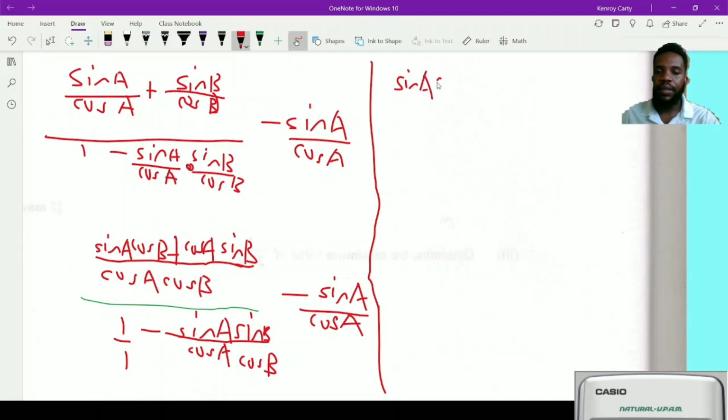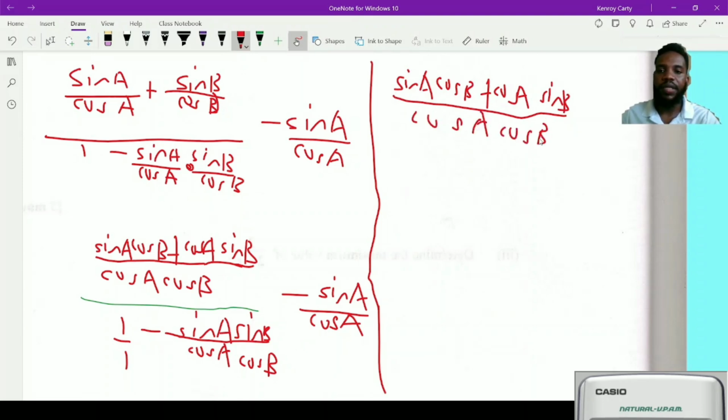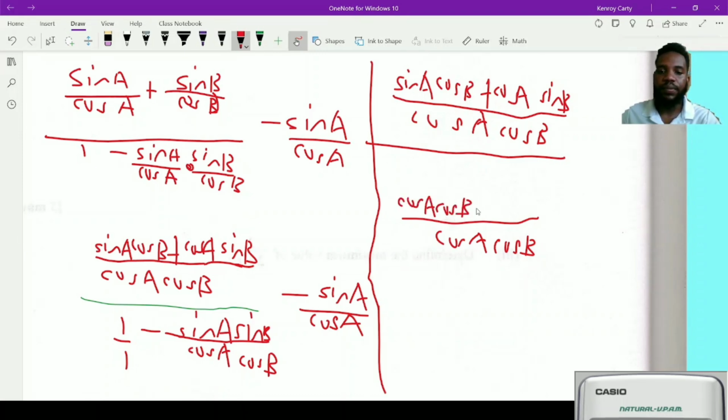So I'm going to have sine A cosine B plus cosine A sine B all over cos A cos B, over, of course, the LCM for this down here is going to be cos A cos B. Now, 1 into cos A cos B is just going to be cos A cos B. Cos A cos B into cos A cos B is 1, so it becomes minus sine A sine B. And of course, all this minus sine A over cosine A.